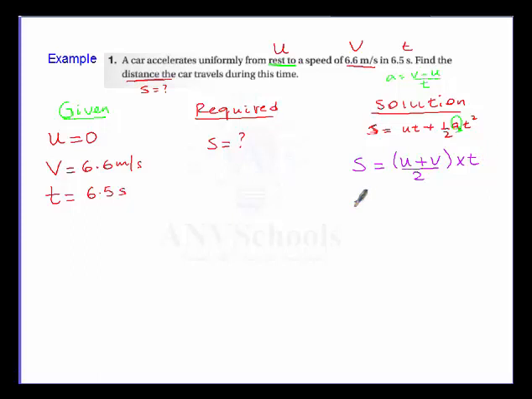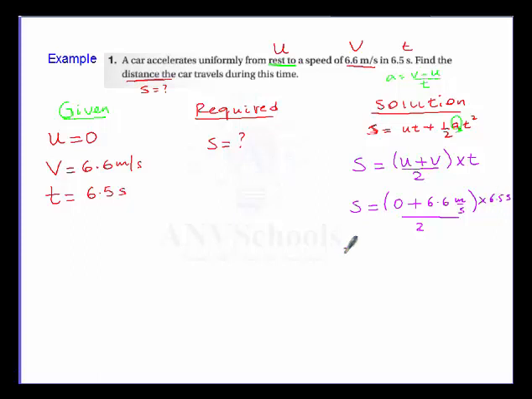So s is initial speed 0 plus final speed 6.6 meters per second, divided by 2 and multiplied by 6.5 seconds.